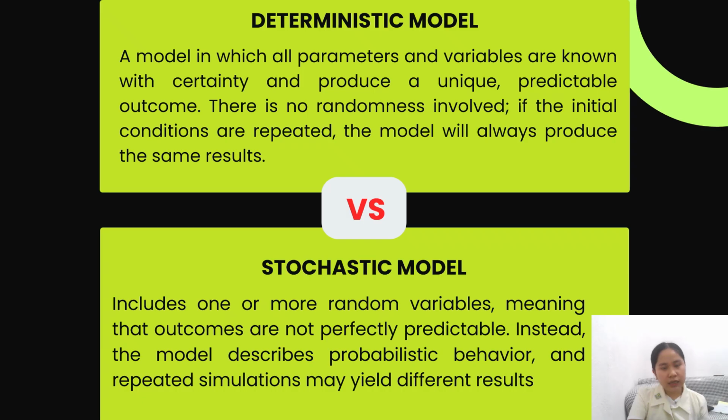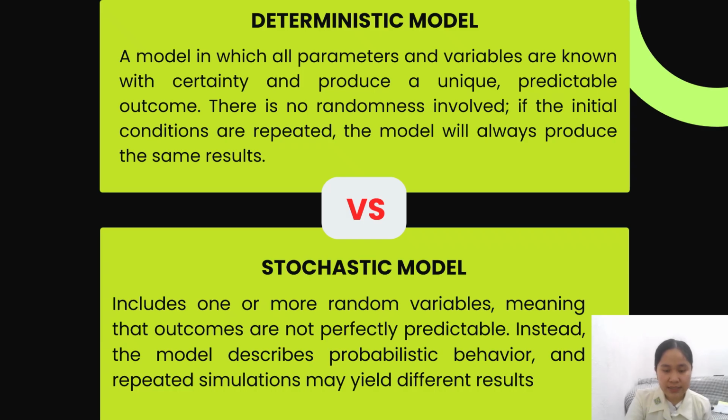So, in deterministic, everything is known and certain. If you repeat the same input, you will always get the same output or result.